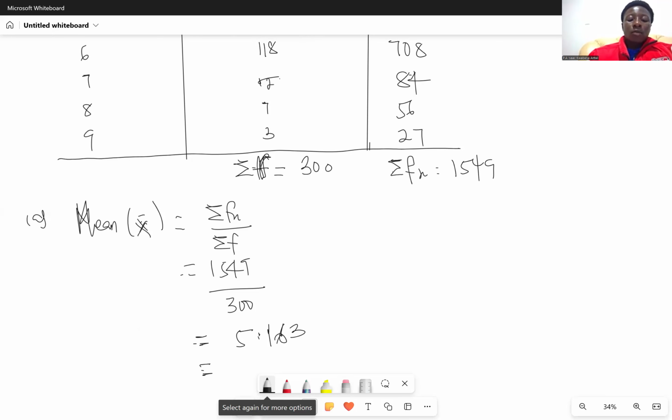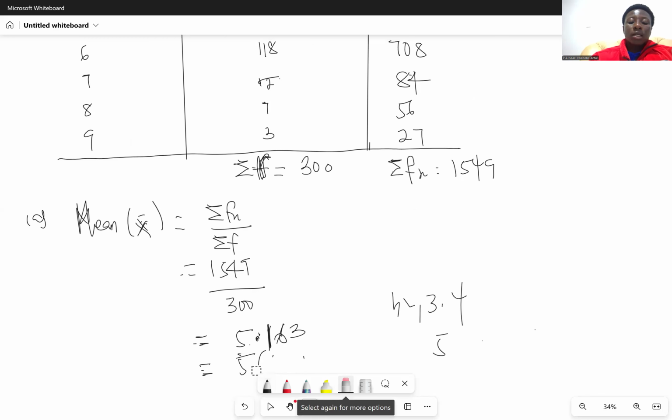So you look at the very number just after the decimal point, which is 1. If it's 1, 2, 3, or 4, just write 5, the number there. But if it was 5 or more, then you have to add 1 to this number, and I would have written 6. So write 5 meters, adding the unit, to the nearest meter.